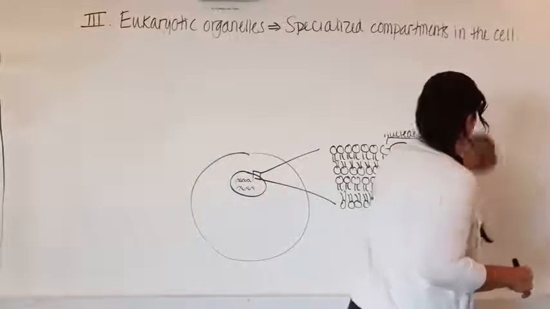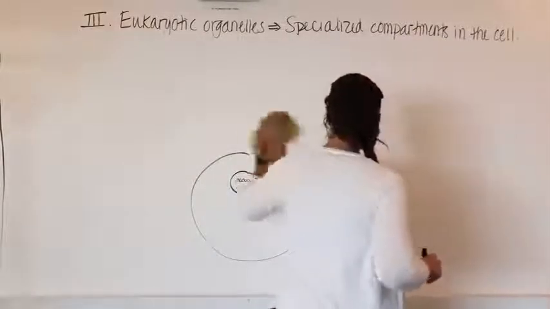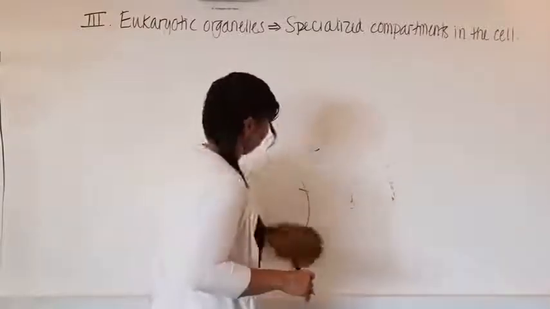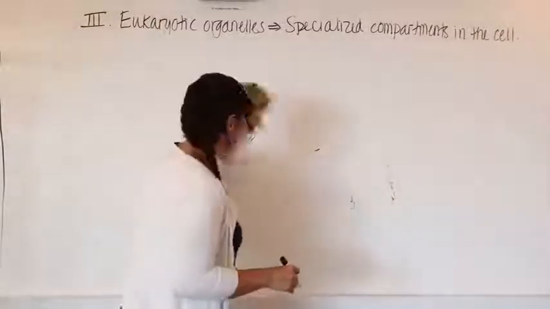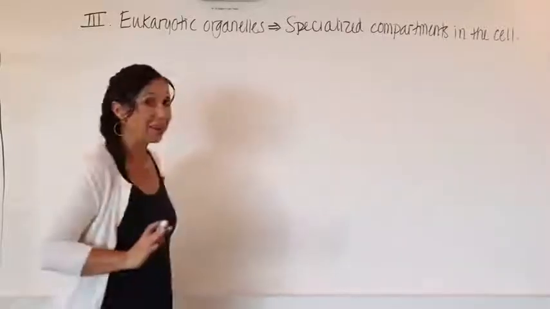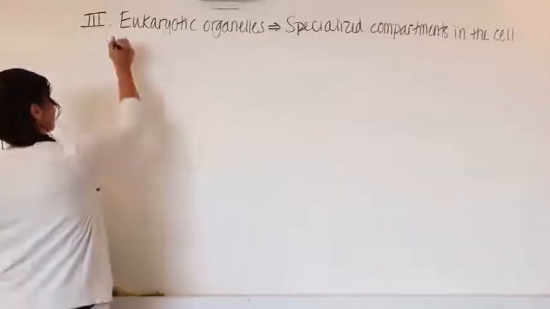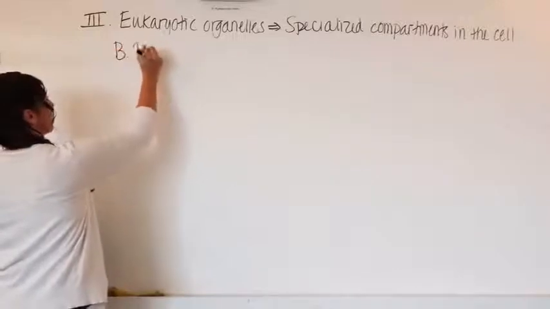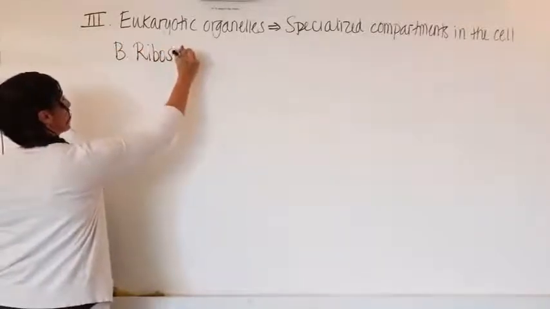Now the ribosome is something a little special too. They're all special, can't help it. But the ribosome is not a membrane-bound organelle. So let's slow down here for a second because I'm going ahead of myself. The ribosome.